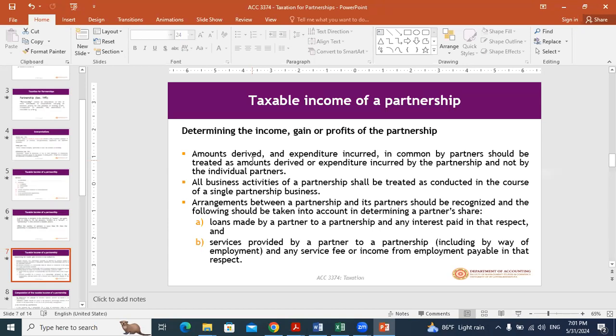For example, we discussed capital allowances, how to provide capital allowances. Let's say an individual is doing a business, a partnership is doing a business, a limited liability company is doing a business. For all these different persons, the way of working out the capital allowances is quite the same. No difference.